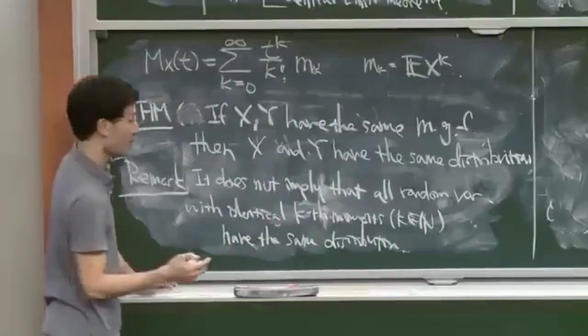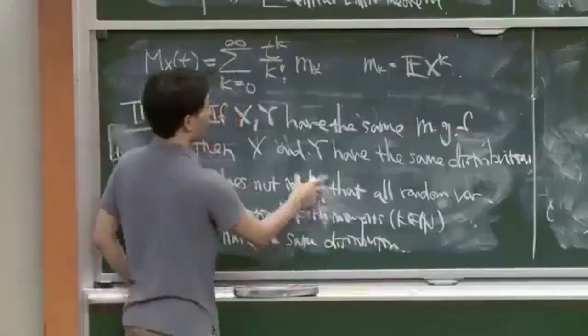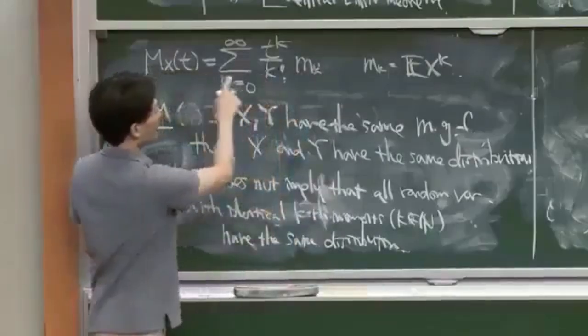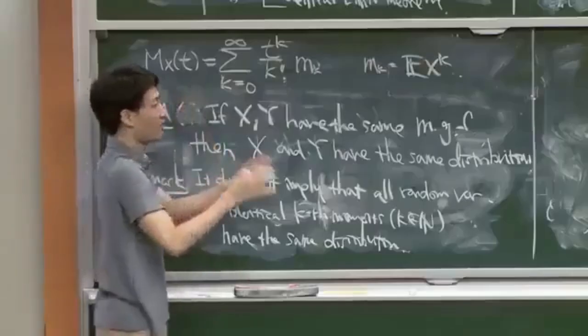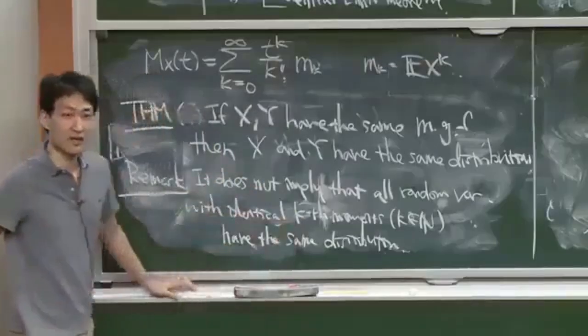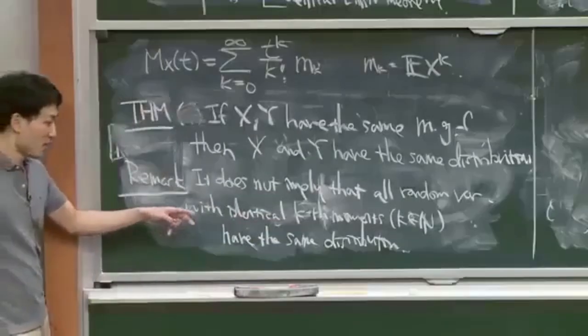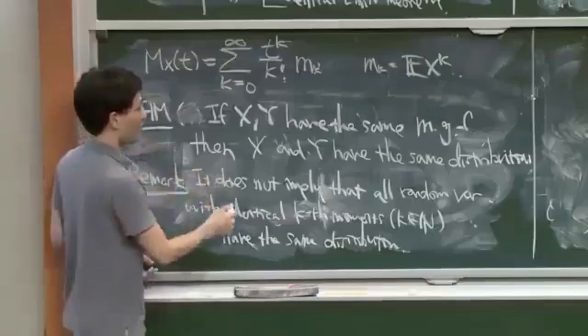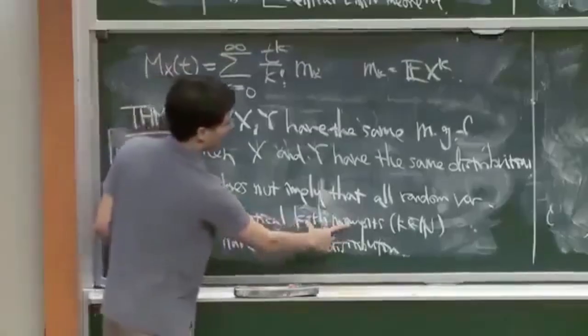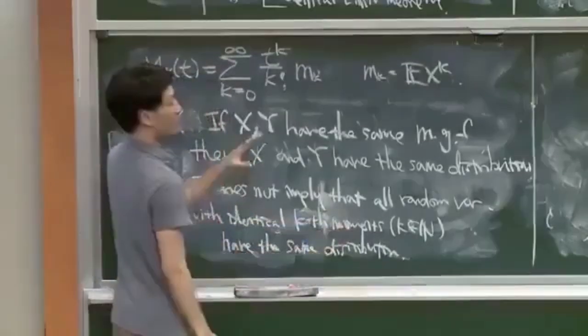Even if they have the same moments, it doesn't necessarily imply that they have the same moment generating function. They might both not have moment generating functions. So that's the glitch. Be careful: even if they have the same moments, they don't necessarily have the same distribution.